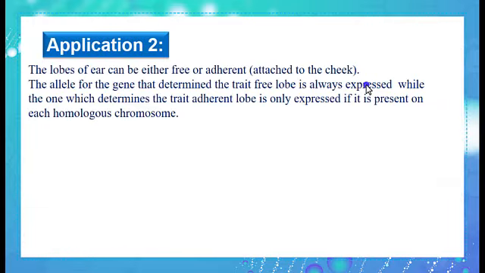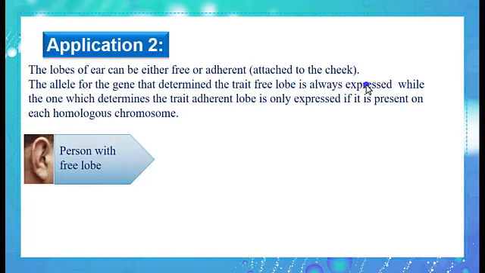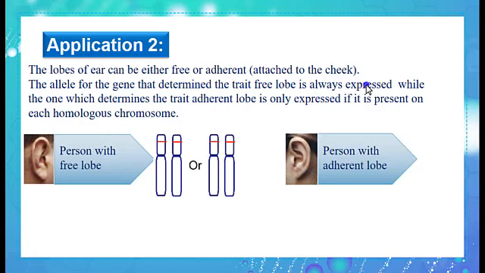Let's move now to application number 2. The lobes of the ear can be either free or adherent, meaning attached to the cheek. The allele for the gene that determines the trait free lobe is always expressed, while the one which determines the trait adherent lobe is only expressed if it is present on each homologous chromosome.